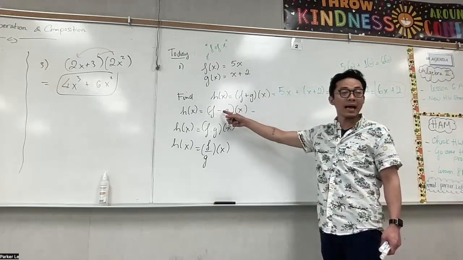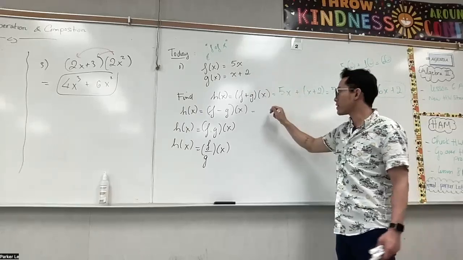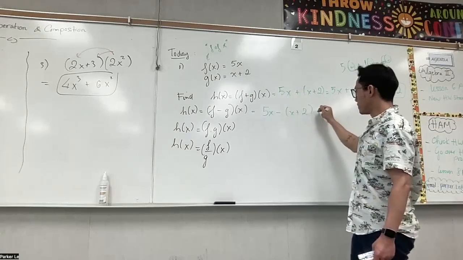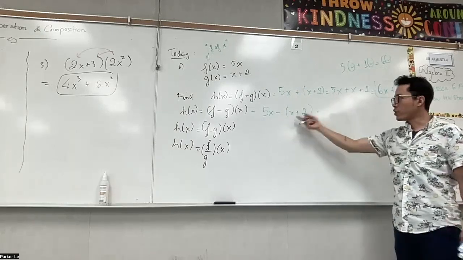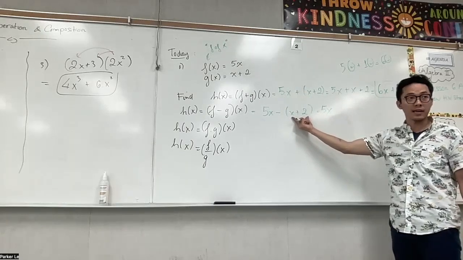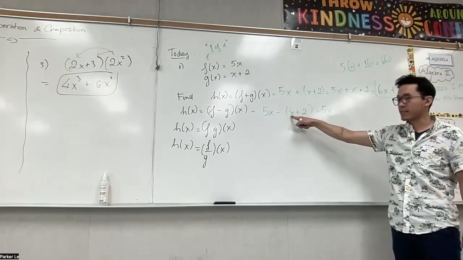Okay. F minus g. So what are we gonna do? We just subtract them. 5x minus x plus 2. Do I change the sign of the inside here? Yes, because the front is negative. So I need to flip the sign of this.